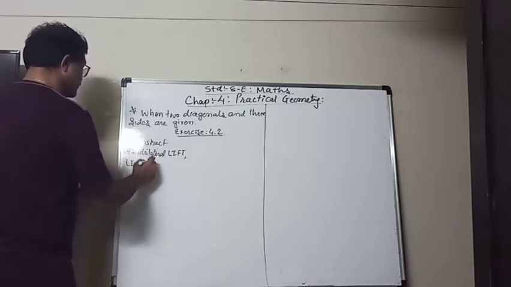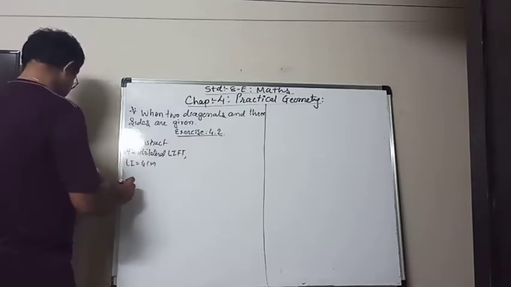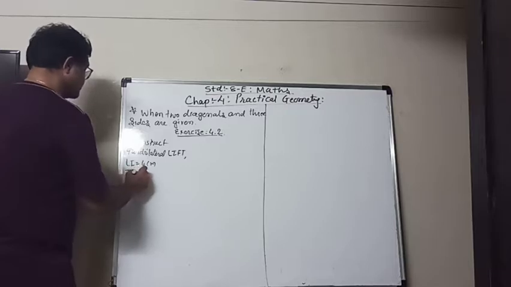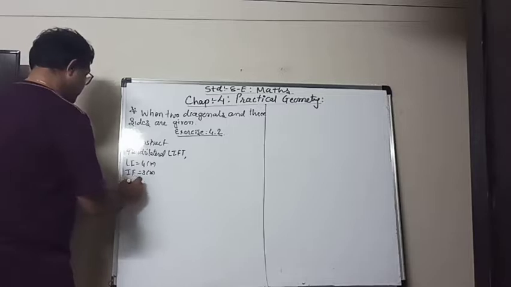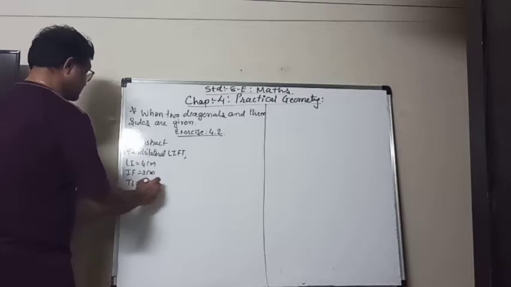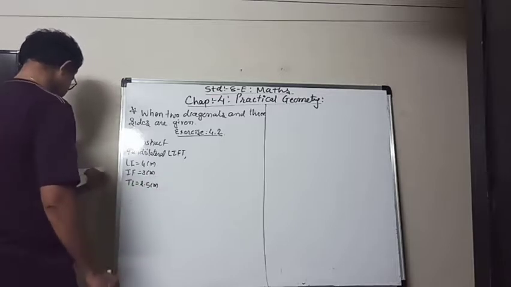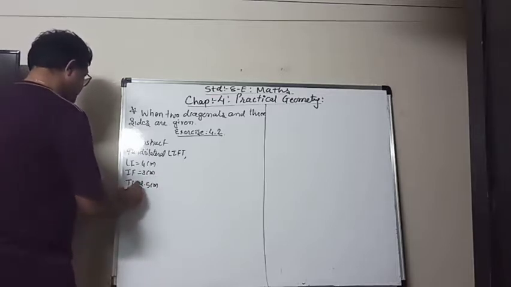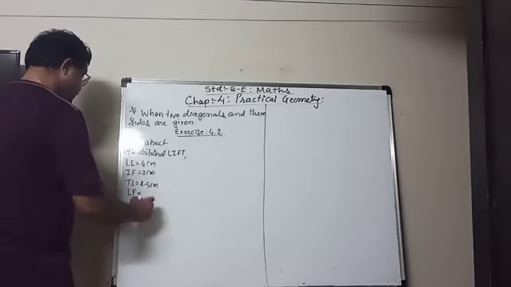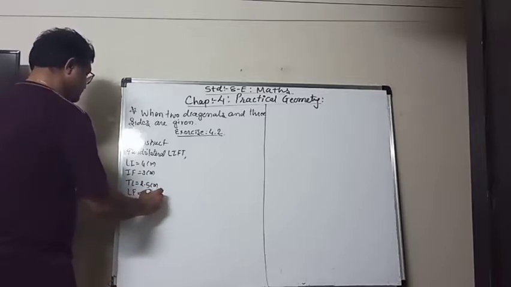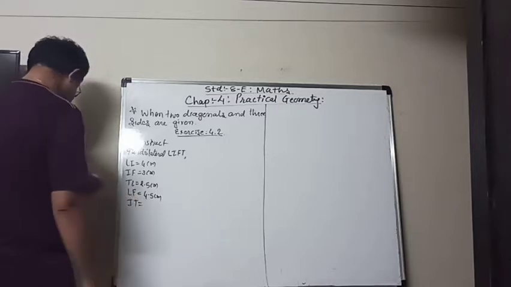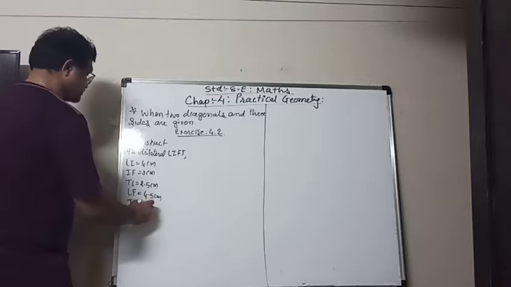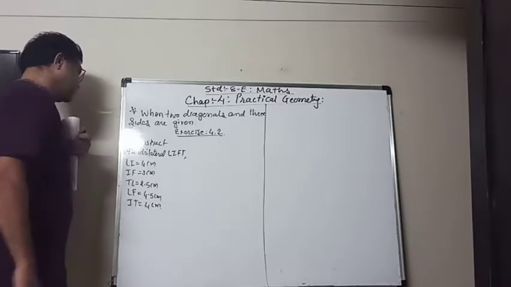LI is 4 centimeter, IF 3 centimeter, TL 2.5 centimeter, LF 4.5 centimeter, and IT equals 4 centimeter.